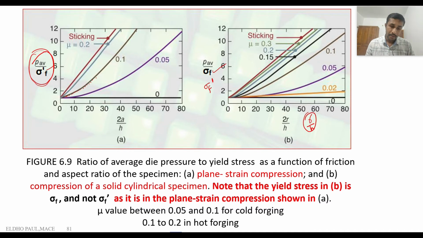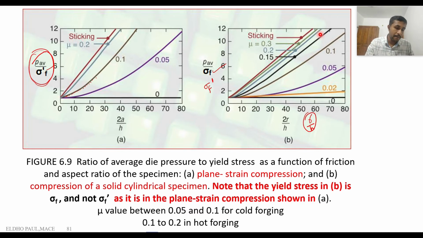Okay. Here also we can see the similar variation in the pressure with respect to R by S ratio and mu value. For lower, zero mu value, there is no influence for R by S ratio. But with increasing the mu value, we can see there is a sharp increase in the pressure value.